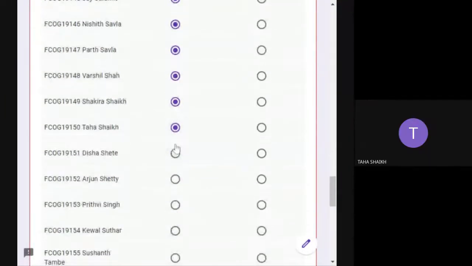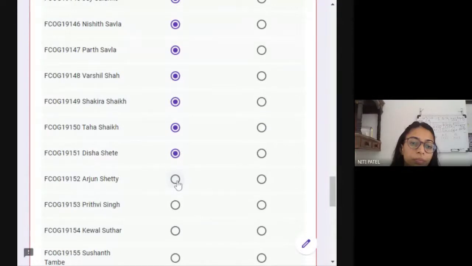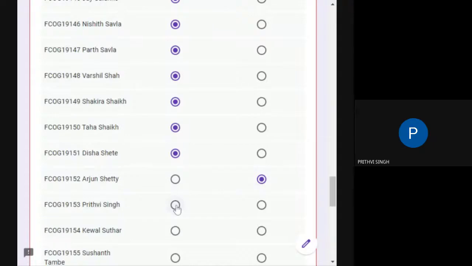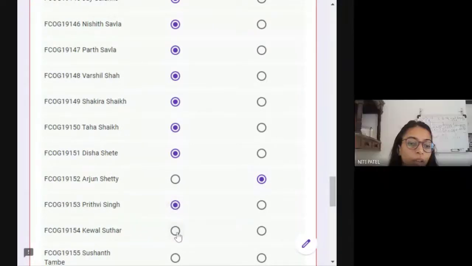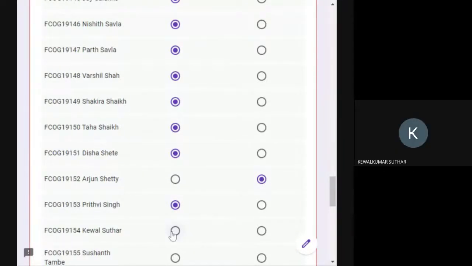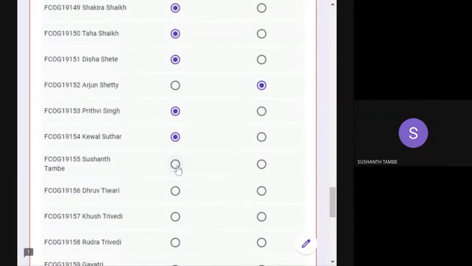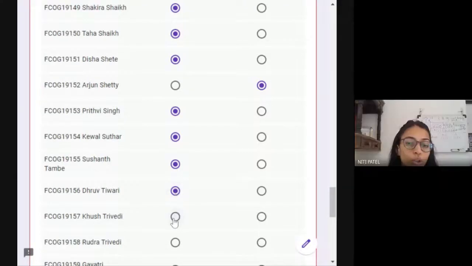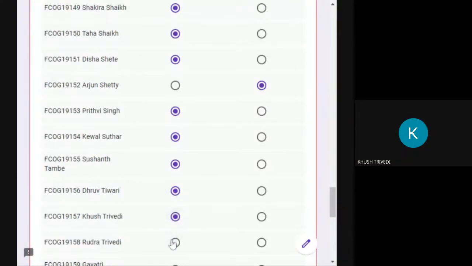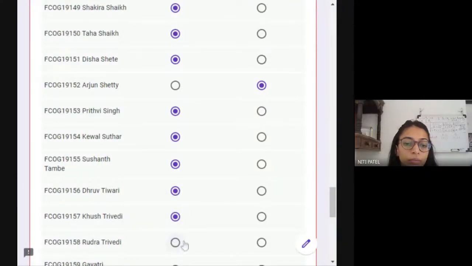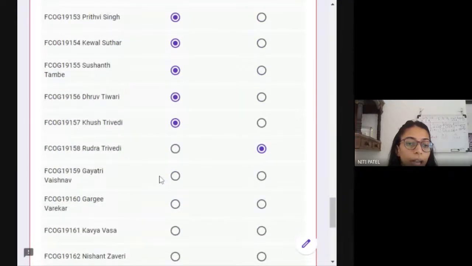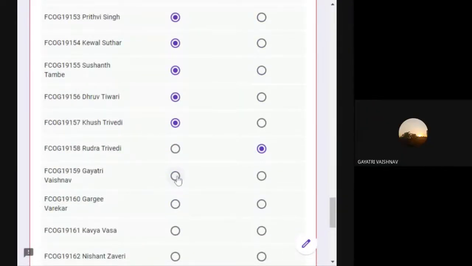Taha, Present, ma'am. Arjun, Prithvi, Present, ma'am. Keval, Present, ma'am. Sushant, Present, ma'am. Dhruv, Present, ma'am. Kush, Present, ma'am. Rudra, Gayatri, Present, ma'am.